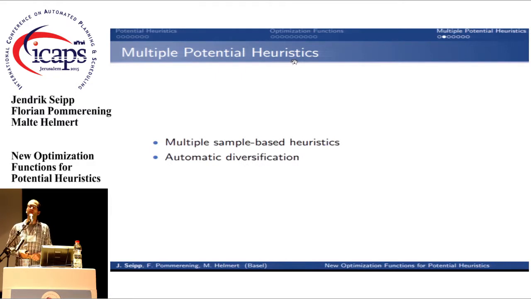We came up with two methods for maximizing over multiple potential heuristics. The first one is based on repeating sample-based potential heuristics, or calculating multiple sample-based heuristics. The other directly looks for diverse potential heuristics.